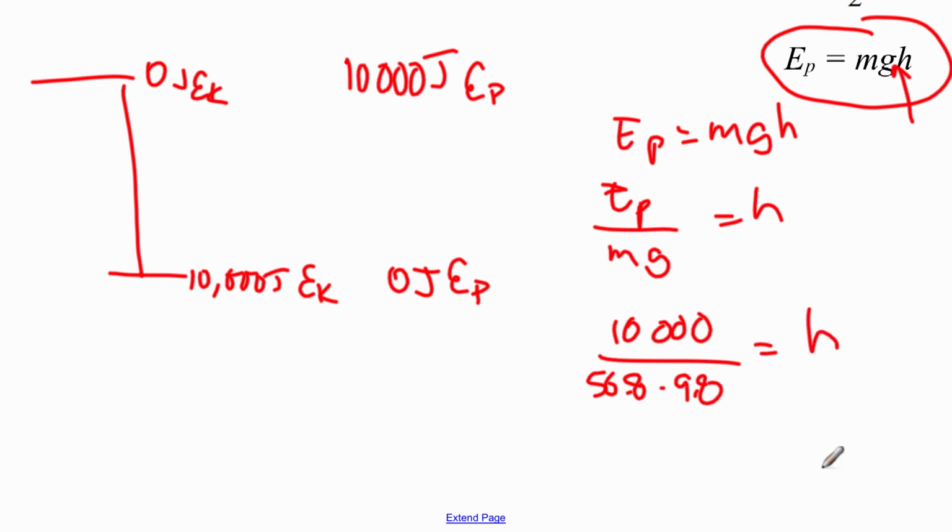And that's going to give me a height, and my heights are always measured in meters. So 10,000 divided by 50.8 divided by 9.8 equals 20. So the height must have been 20 meters.